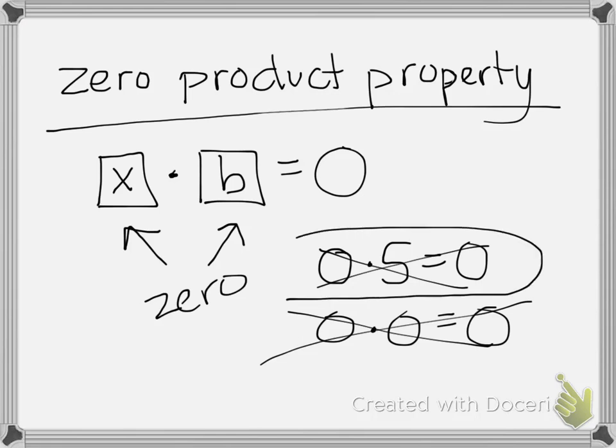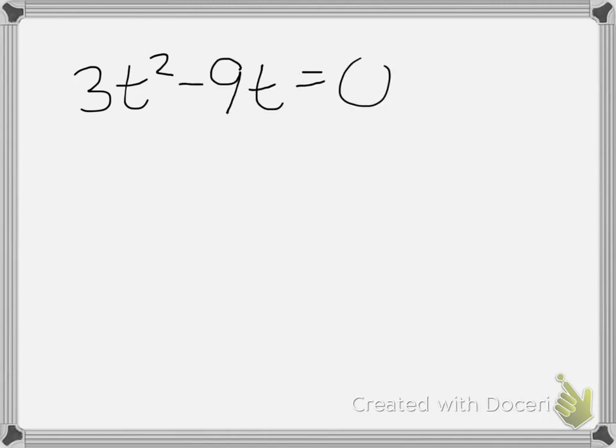And we really are dealing with this right here, where we want to make one of them 0 and then we'll know the answers to it. So let me show you how that works. If you have 3t squared minus 9t equals 0, you have an equation.